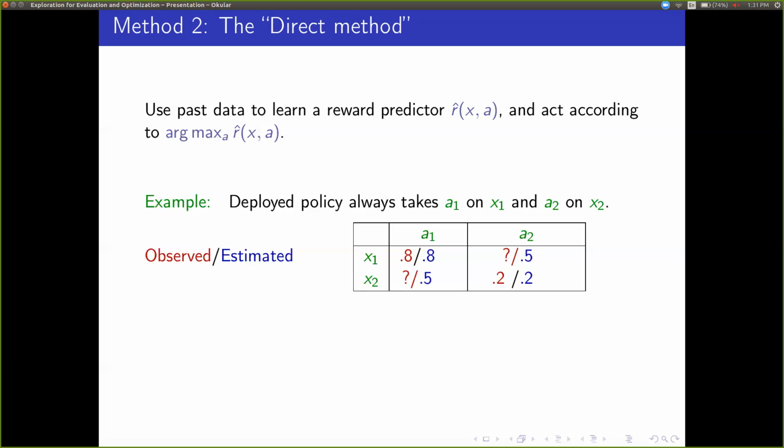When Dipendra was asking, I was thinking maybe because in this example, you don't explore on X1, since we didn't explore it, it has 0.5 reward. And 0.8 is obviously greater and hence we always play A1 on X1, right? What if the true reward was 1 on A2?